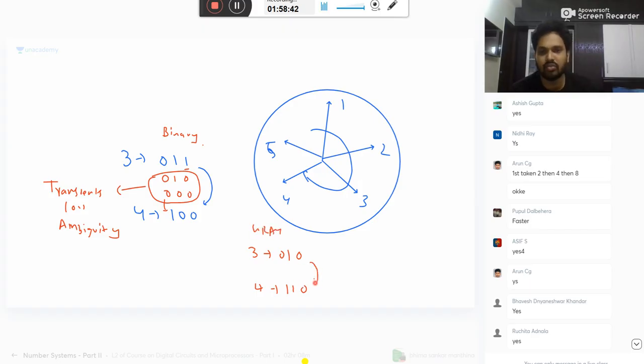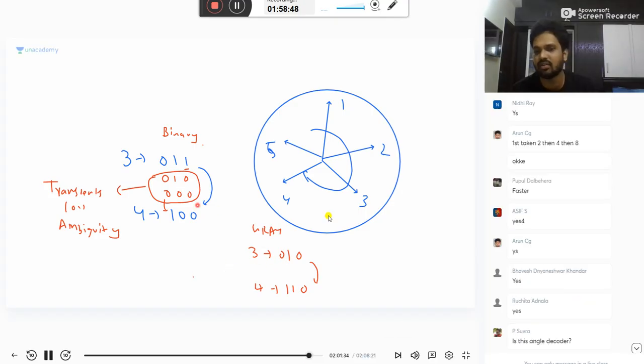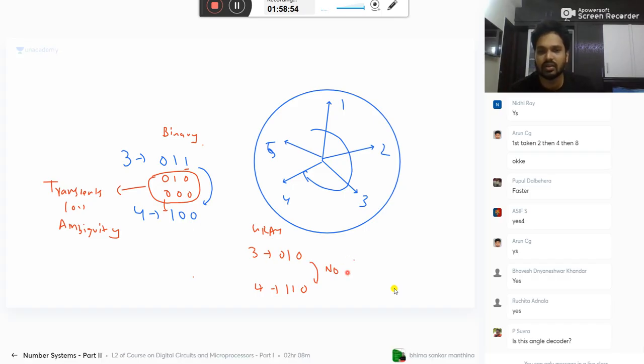Now 3 to 4 transition, only one bit has changed. So there is no disadvantage here. In between, you don't have this kind of states here. So no transients, no ambiguity. Ambiguity means doubt.